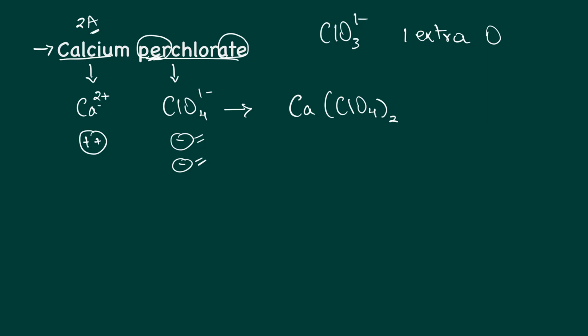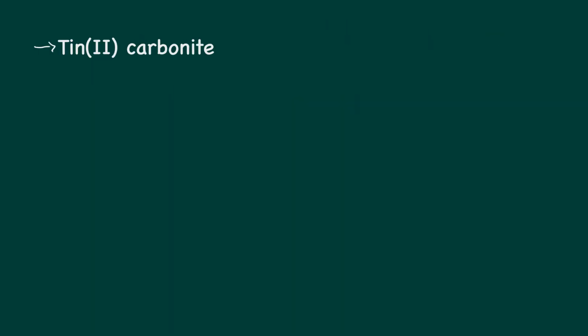Let's take another example and wrap this video up. So this last example is that of tin(II) carbonite. Tin is a transition metal. Well, it acts as a transition metal because it doesn't have a fixed oxidation number. You know that because it has a Roman numeral. So tin is Sn, and it's 2 positive because that's what the Roman numeral tells us.